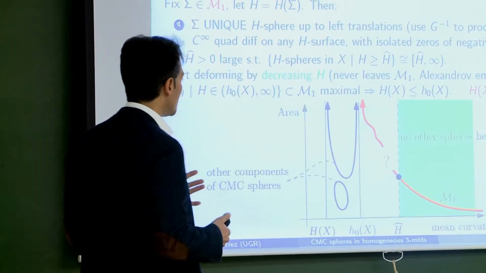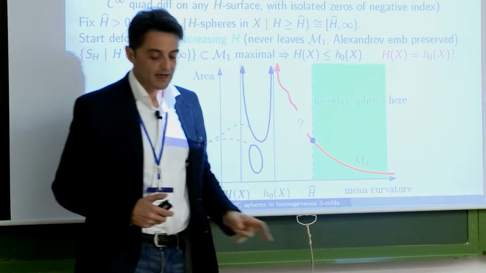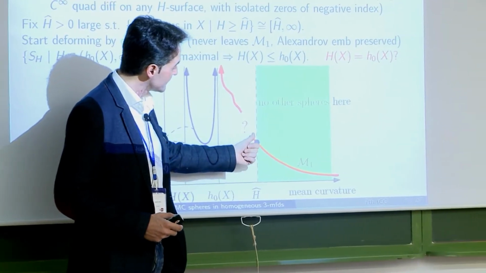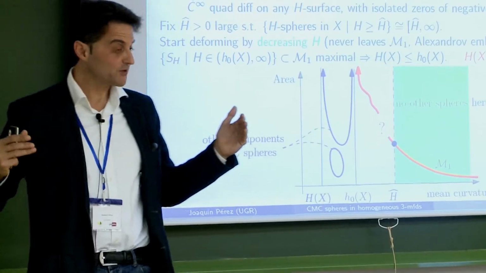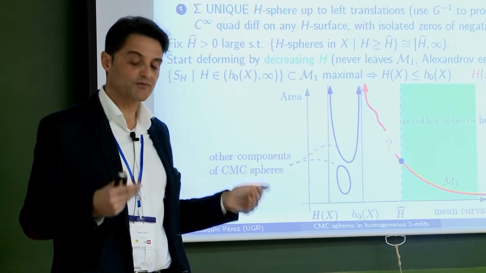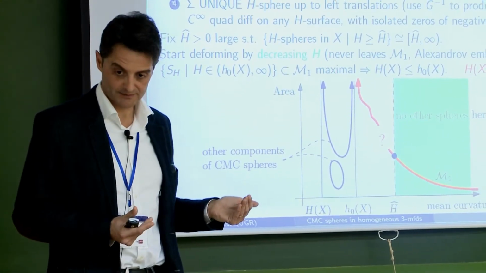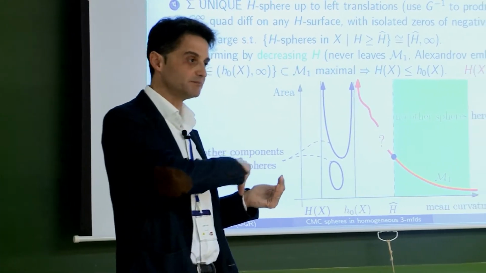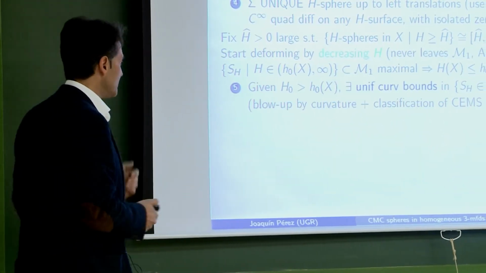And because the mean curvature value is decreasing, when you do the blow-up argument, you find a minimal surface in R3, minimal. But the Gauss map of a minimal surface in R3 has non-positive degree. So you cannot pass from degree 1 to non-positive degree. This is impossible along this deformation. This is the reason why.